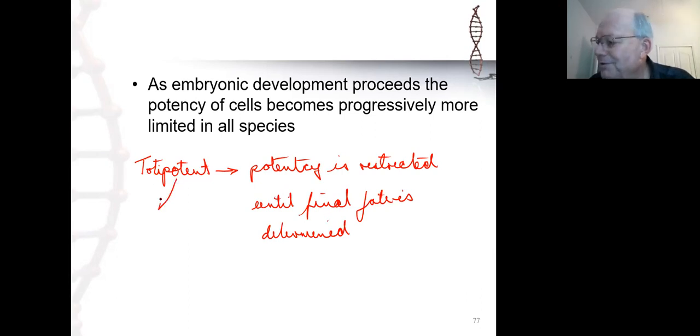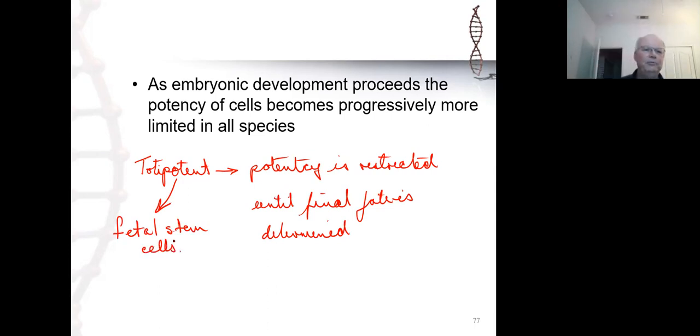So the totipotent cells in humans are often referred to as fetal stem cells. So when you hear the term fetal stem cells, what's really being referred to are these cells that have this capacity to become any of the cell types that are found in the human body, all 220 types.